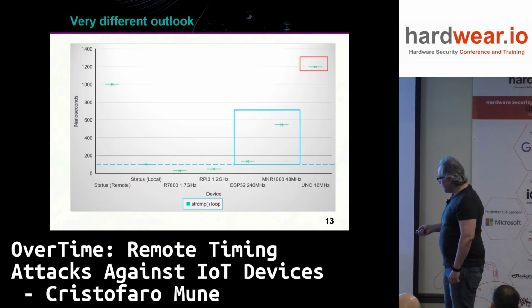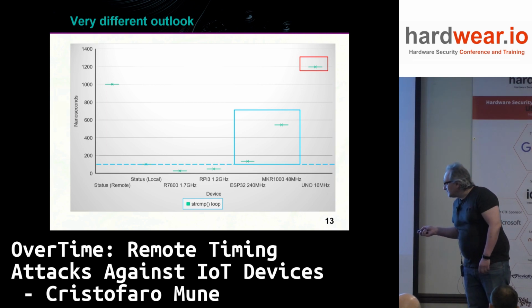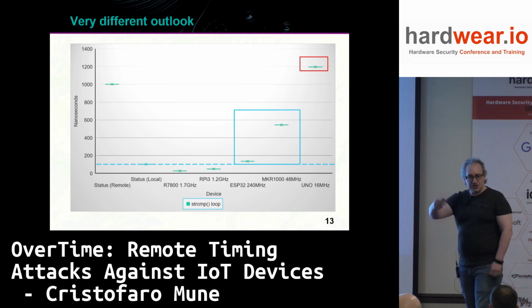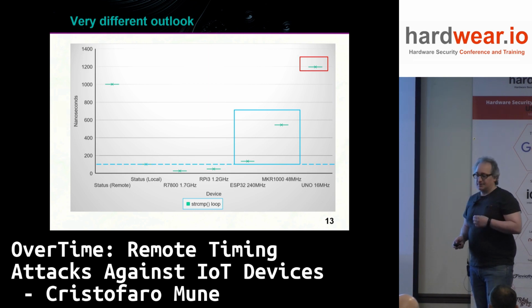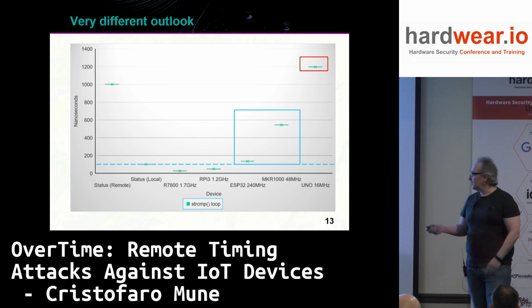The Raspberry Pi here is 1.2 gigahertz. I think it's about 50 nanoseconds for one single loop. I still cannot do that, although I would be curious to try if the Raspberry Pi had a 1 gigabit interface. Unfortunately, it has only 100 megabit, and that's the limiting factor.